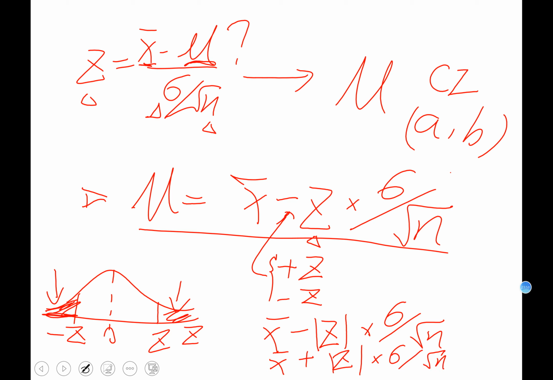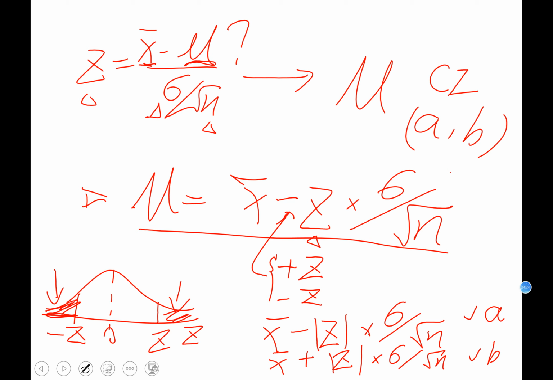Okay, so now my question. Of these two numbers, which one is smaller? Yes, this one is smaller, right? So this is the lower bound of the confidence interval. And this one is a bigger one. That is the upper bound of the confidence interval.